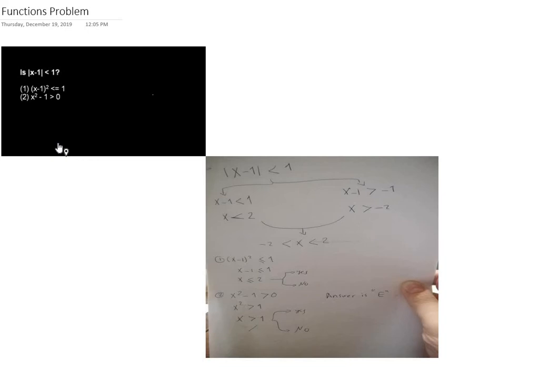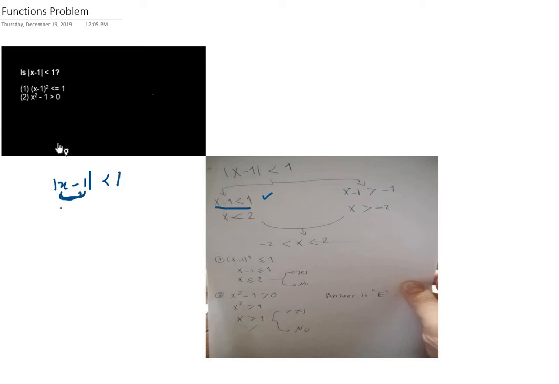As you can see on the left side, this step, x minus 1 less, this is correct. Basically the modular function means that anything inside the mod, even if it is negative, will get converted to positive.